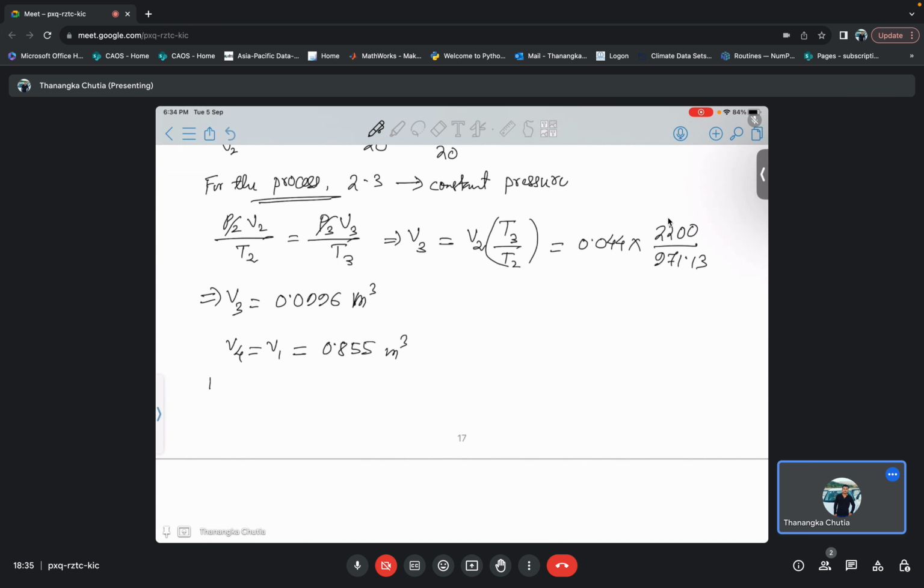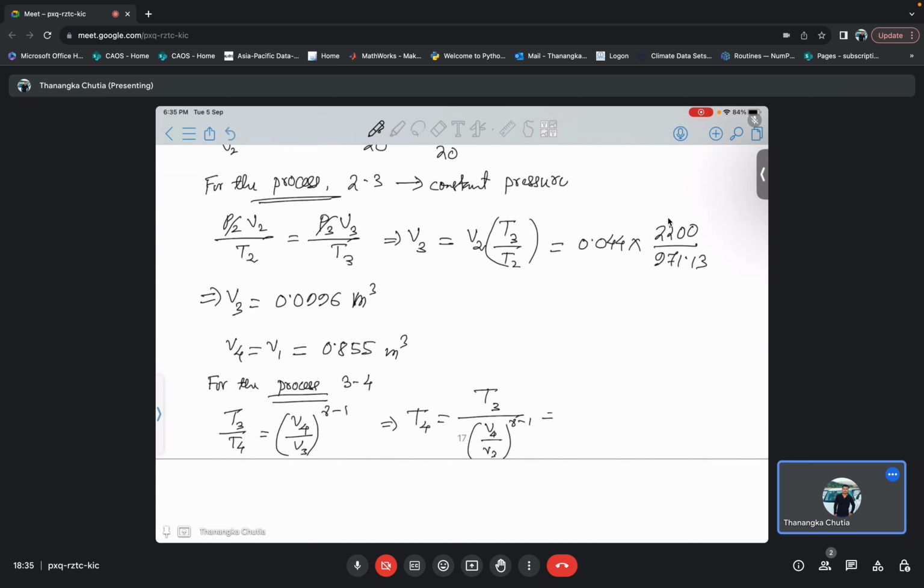For the process 3 to 4, we can write T3 divided by T4 is equal to V4 divided by V3 to the power gamma minus 1. So T4 is T3 divided by (V4 divided by V3) to the power gamma minus 1.